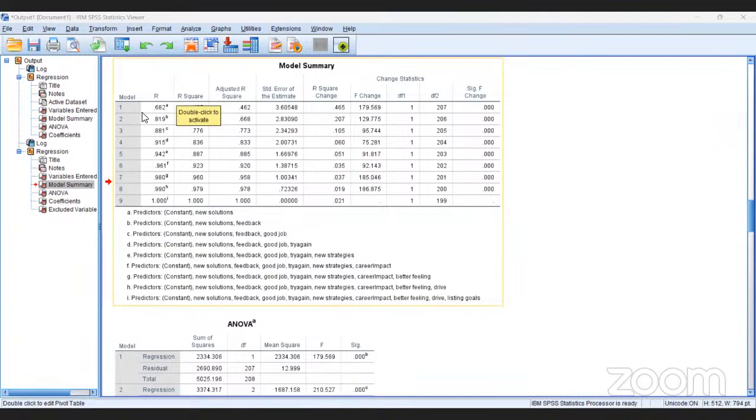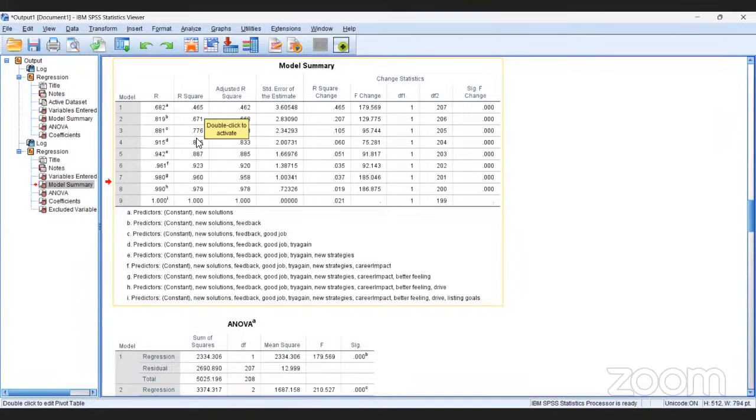R² change means if we account the first variable, we will get only 46%. That change we can expect by using the new solution.